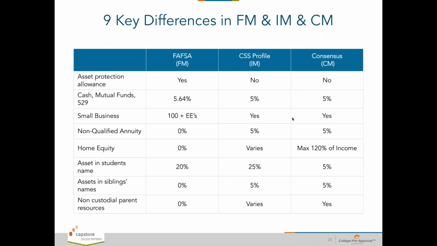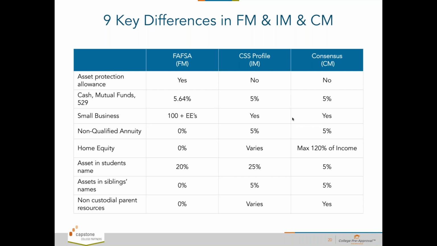And then these last few are probably the ones that make the biggest impacts, and I've got a couple of solid examples around each of these. Number one is home equity. The FAFSA does not ask about it, and they do not consider home equity as a resource. Whereas the profile schools, it varies.